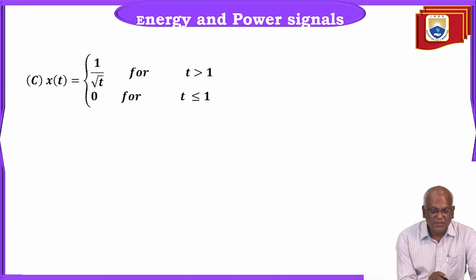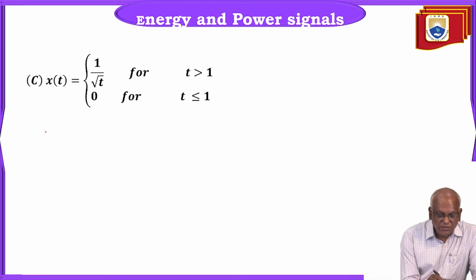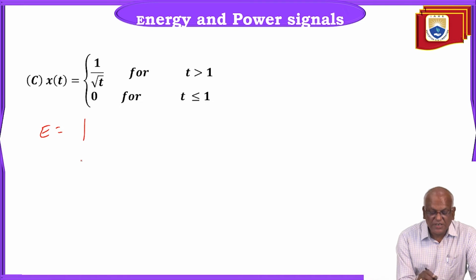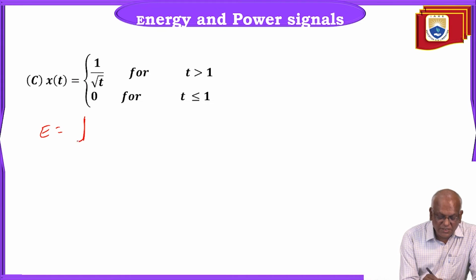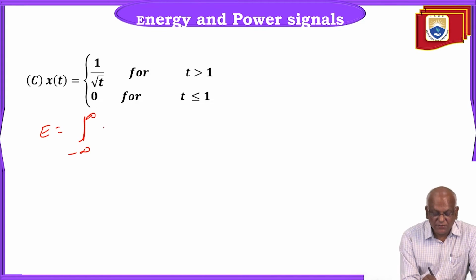First we are finding the energy of the signal x of t. The energy E is given by the integral, because here the limit is defined for t greater than 1 and t less than or equal to 1. For t less than or equal to 1, the x of t value equals 0. For t greater than 1, x of t equals 1 by root t. Now the energy of a signal is generally defined as the integral from minus infinity to plus infinity of the absolute value of x of t squared into dt.